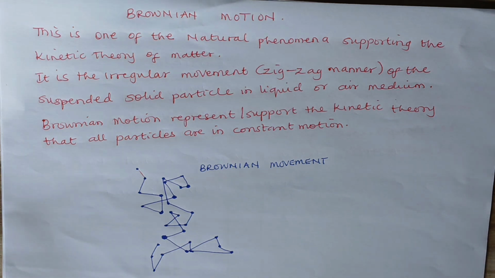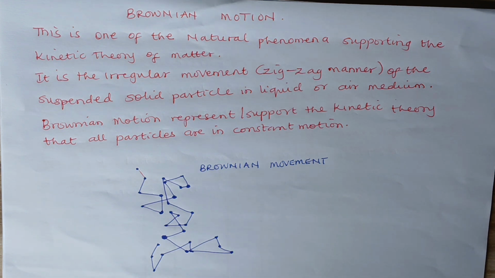When we look at the air far away from us, maybe where there's a reflection of light, we notice that these dust particles are in the atmosphere, and they undergo constant movement. When we take a close look, we see tiny particles suspended in the air, moving continually. This is also Brownian motion, and their movement is not regular. It's a zigzag manner, showing that particles of solids, liquids, and gases are always moving continually.